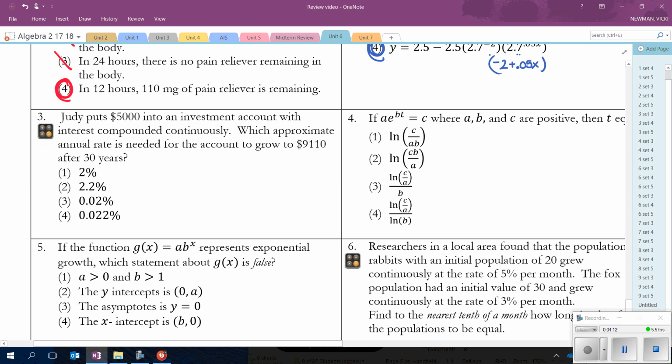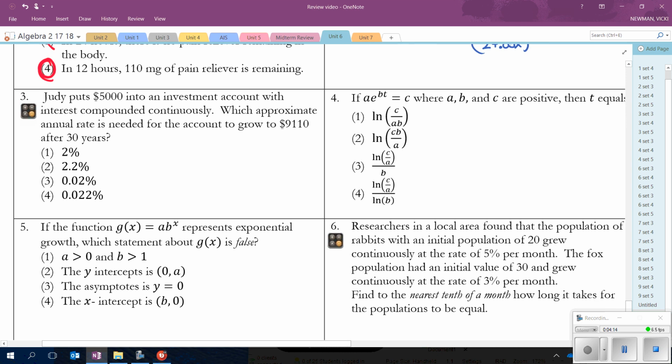Okay, so now we've got Judy. Ugh, Judy. Judy puts $5,000 into an investment account with interest compounded continuously. Compounded continuously means A equals Pe^(rt). Which approximate annual interest rate is needed for the account to grow to $9,110 after 30 years? So 9110 equals 5,000 e to the r times 30.